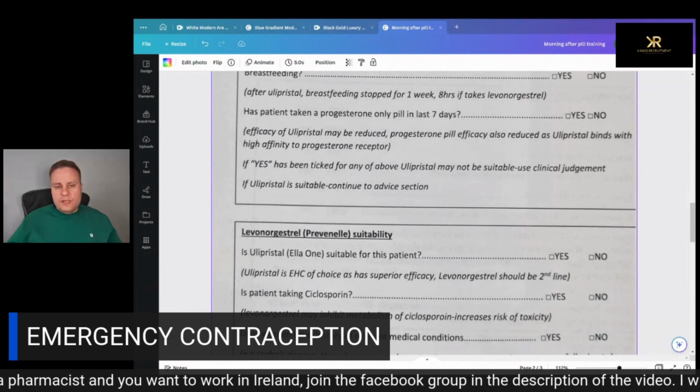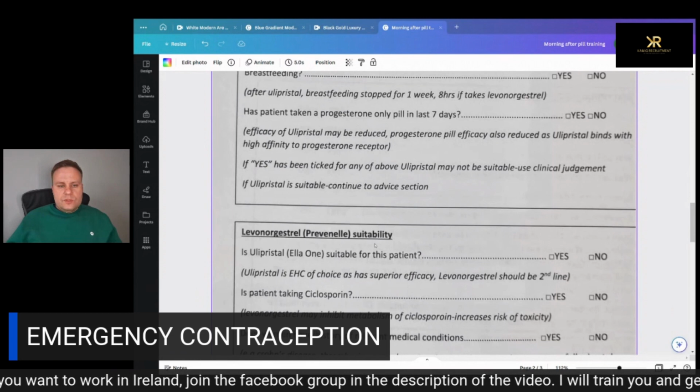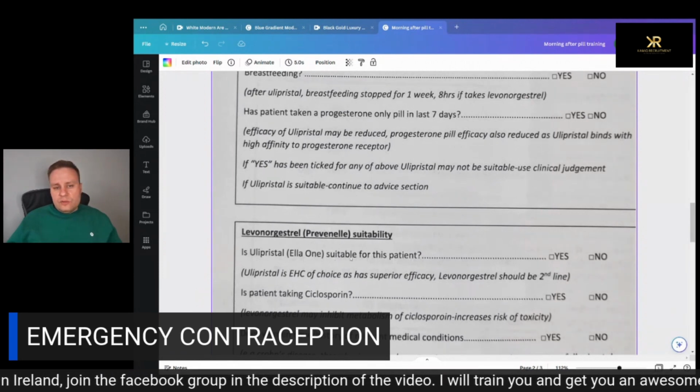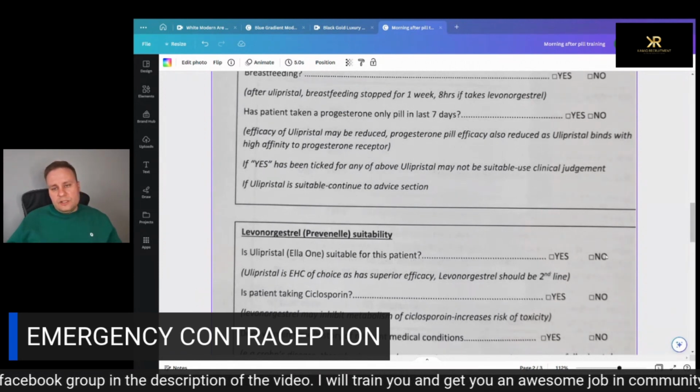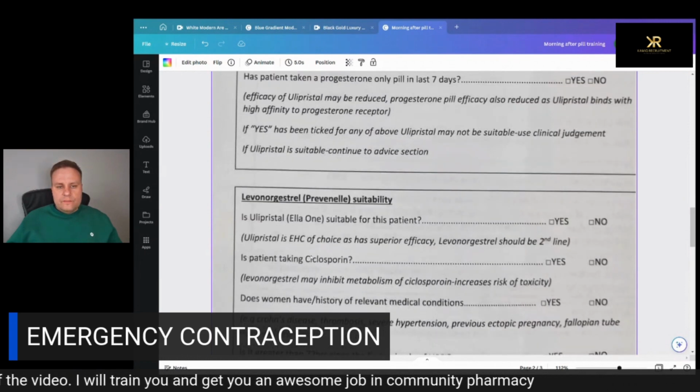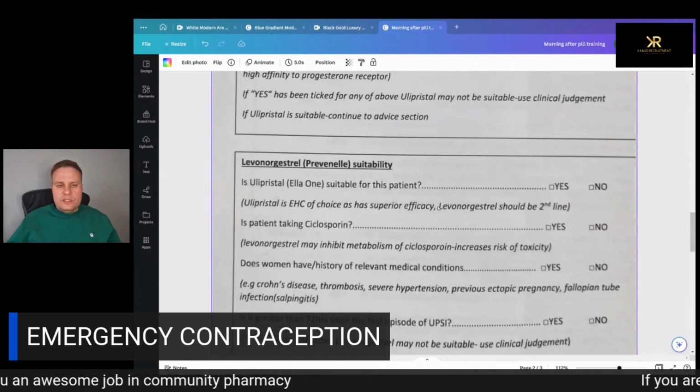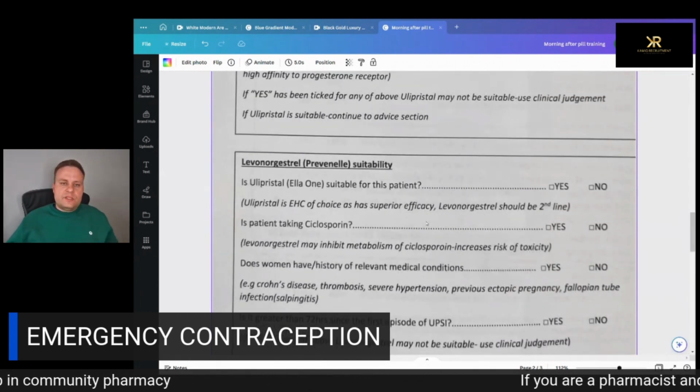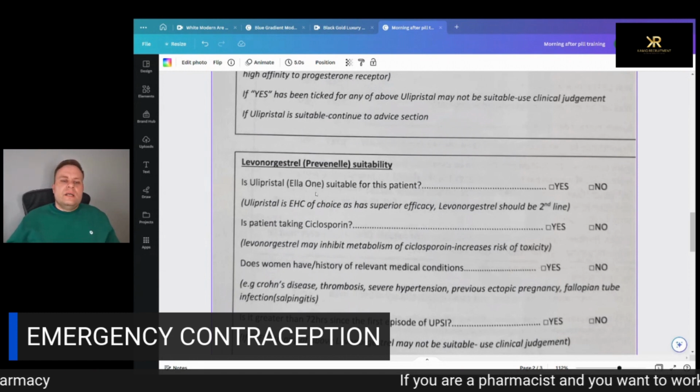Prevanel is one of them. So this is where you say, is Ella-1 suitable for this patient? And you can tick no. And then you have to ask the questions to see if the second option, Prevanel, is suitable for this patient.